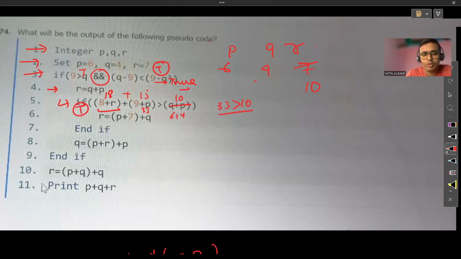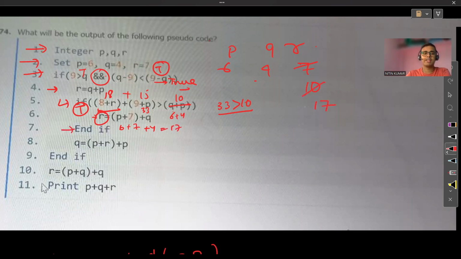So if it is true, we have to perform the instruction written inside this if condition also. It is written R equal to P plus 7 plus Q. The current value of P is 6, so 6 plus 7 plus Q, which is 4. 6 plus 7 will become 13 and with 4 it becomes 17. So 17 is assigned to R. So the new value of R will be changed to 17.